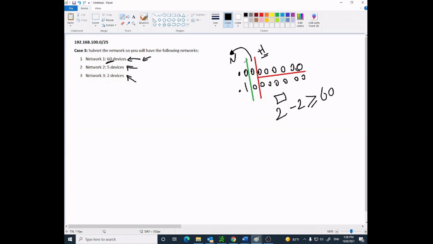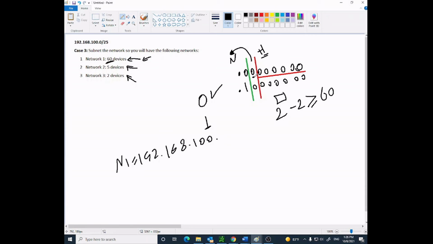Since I have 1 bit here, it could be 0 or 1. I'm going to choose the first one, which is 0, for network 1. And for that reason, I'm just going to come here and say network 1 is going to equal 192.168.100.